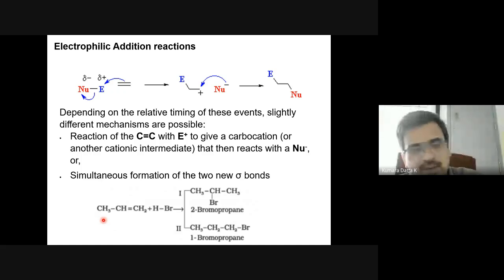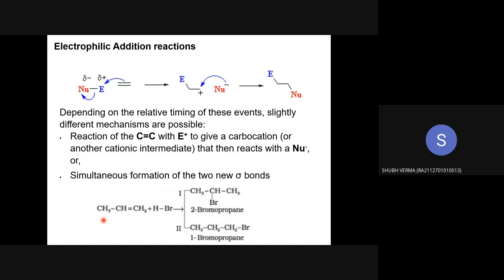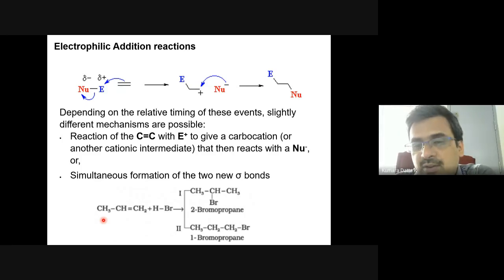Is there anyone in the class who can tell me the rule where 2-bromopropane is formed over 1-bromopropane? Anyone? Sir, more stable carbocation. Carbocation? No, I'm asking which is the rule.